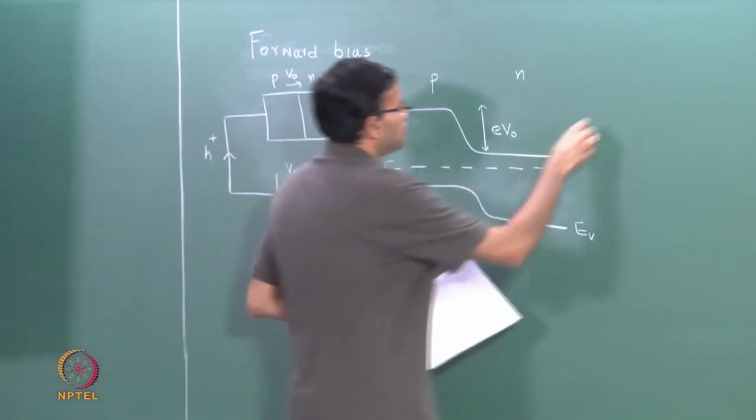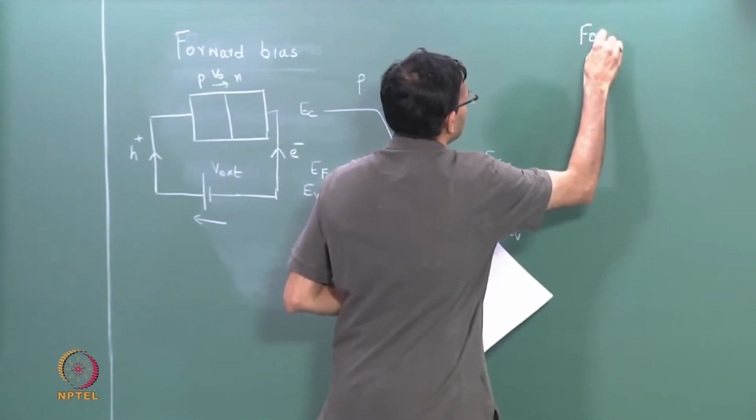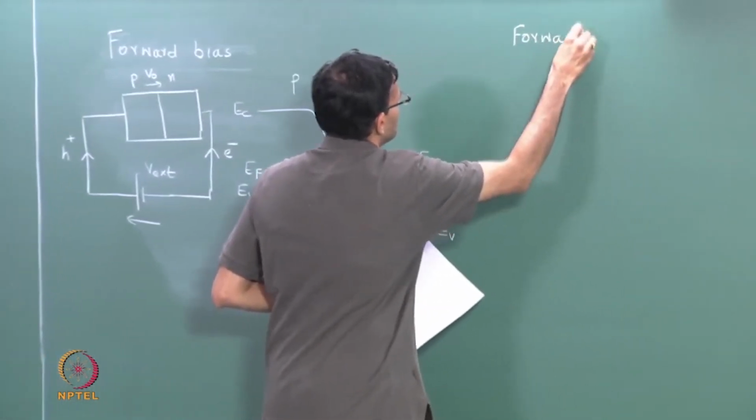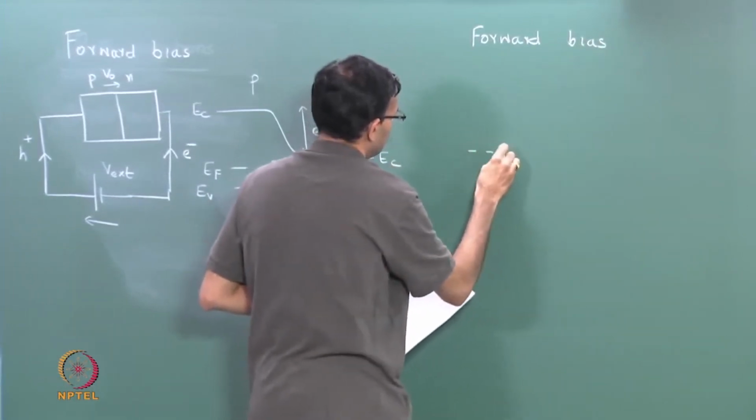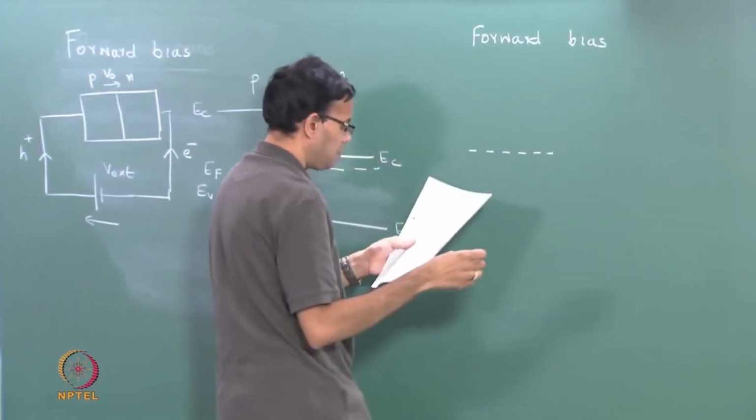So if I redraw this in forward bias, this is my P side.